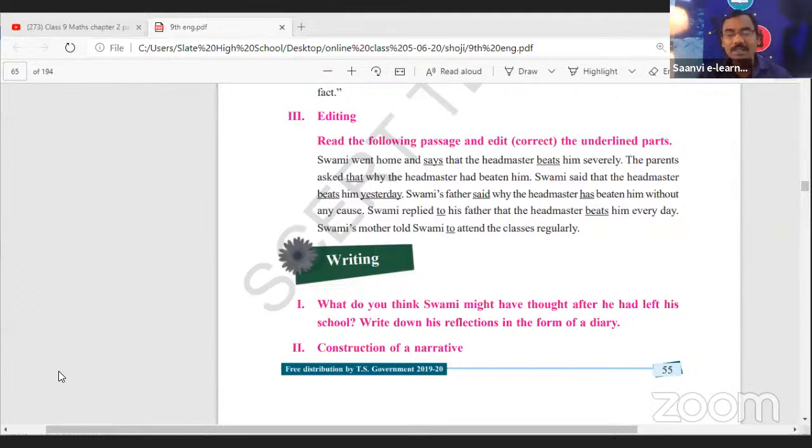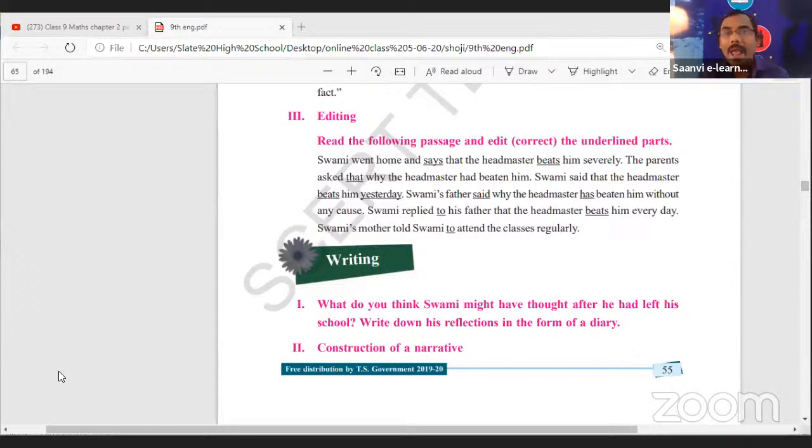Okay, students, we'll go ahead with the answer. See here, Swami went home and says that the headmaster beats him severely. So see, Swami went home. The first part, it is given in past tense only, isn't it? Simple past tense. So the second part should also be in past tense. So Swami went home and said that. So you will have to think in such a manner, okay, if the first part of the sentence is in past tense, there may be a chance for the second part also to be in the past tense only.